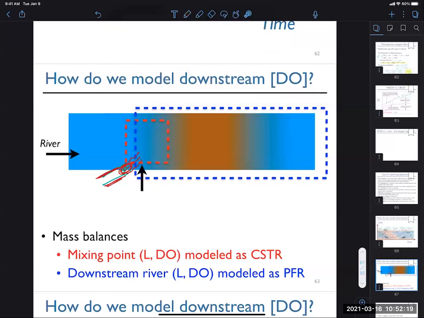You're going to have mixing across the river very quickly relative to how quickly it gets distributed downstream.